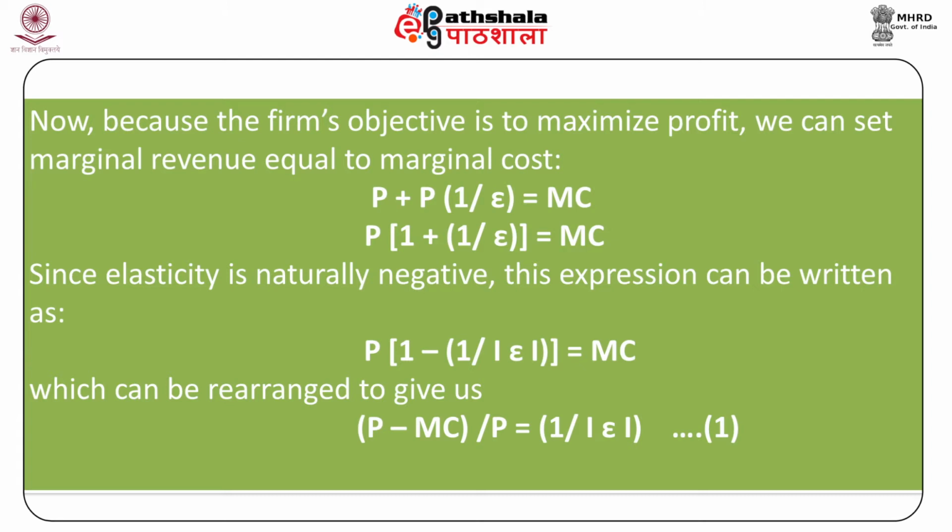Now, since elasticity is naturally negative, this expression can be written as P into 1 minus 1 upon absolute value of sigma equal to MC, which can be rearranged to give us P minus MC upon P is equal to 1 upon absolute value of sigma.